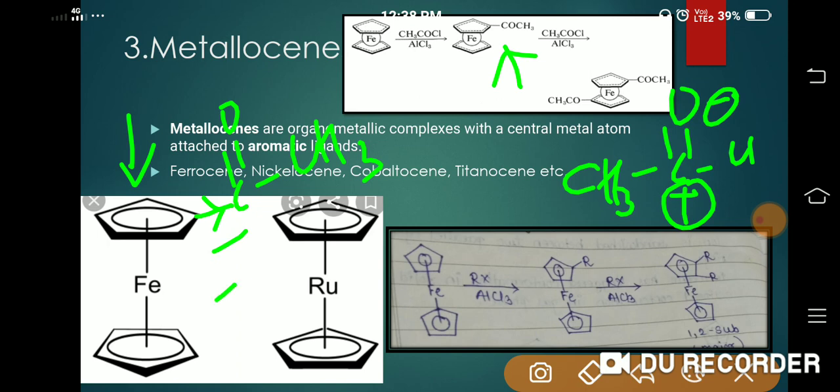Hence, pi electrons are available in the second Cp ring. Therefore, electrophilic substitution of the acetyl group will occur in the second ring.